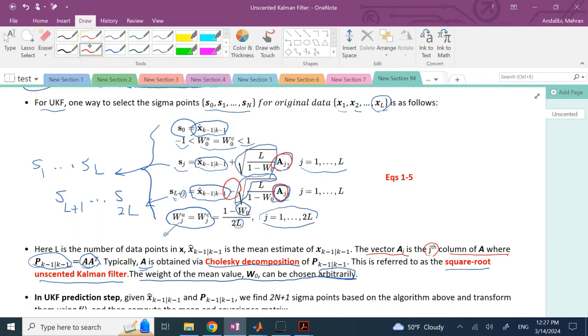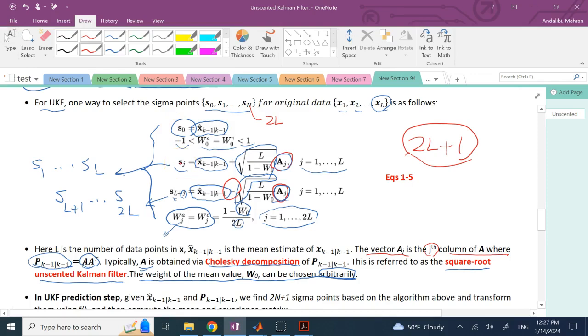Now, how many sigma points do you have? As you can see, the number of sigma points n is equal to 2 times L, so you have a total of 2L plus 1 sigma points that you're going to determine. This is one way to pick the sigma points.